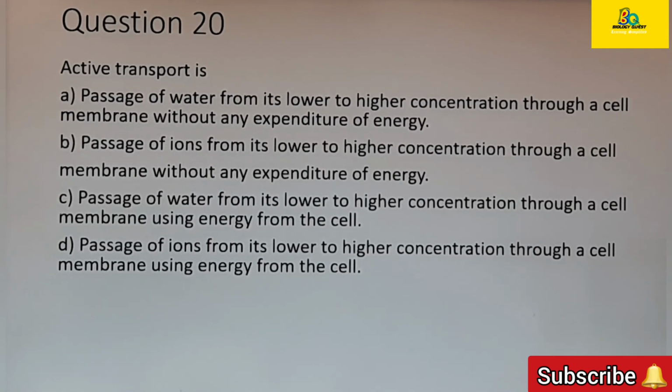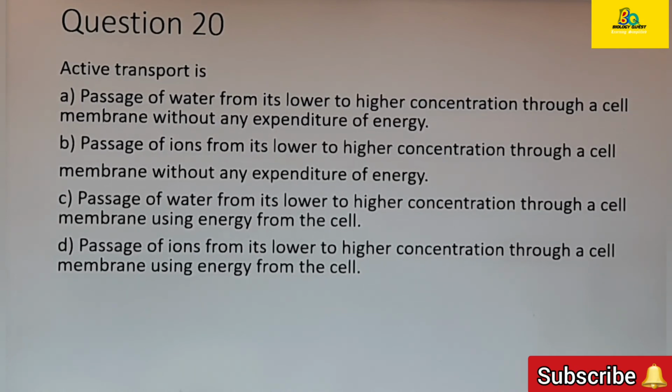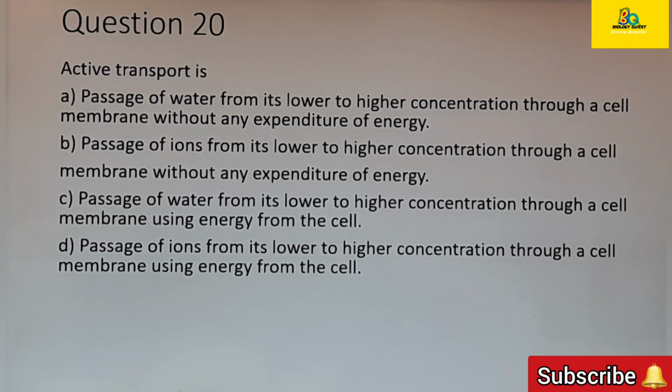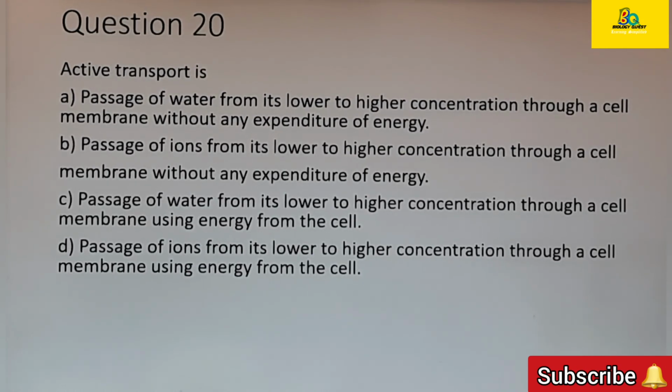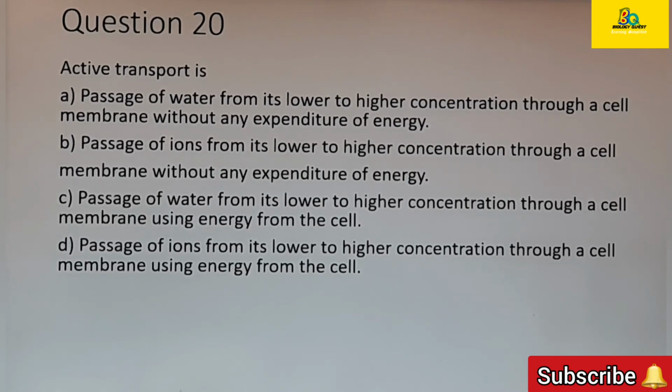B, passage of ions from its lower to higher concentration through a cell membrane without any expenditure of energy. C, passage of water from its lower to higher concentration through a cell membrane using energy from the cell. D, passage of ions from its lower to higher concentration through a cell membrane using energy from the cell.